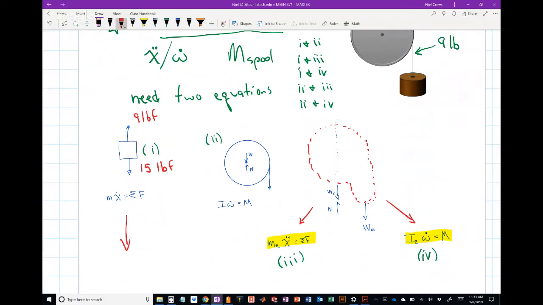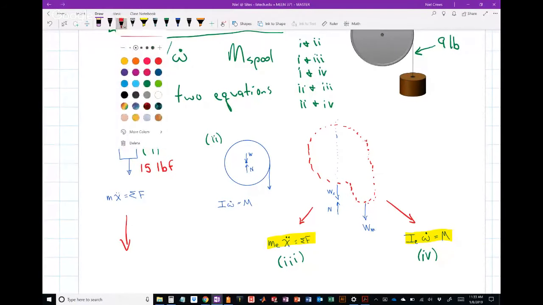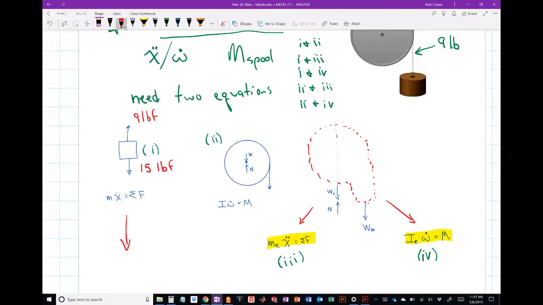There's another way you could do that, and I'll just do this up here, maybe a little bit smaller. That would be the weight is the mass times gravity.